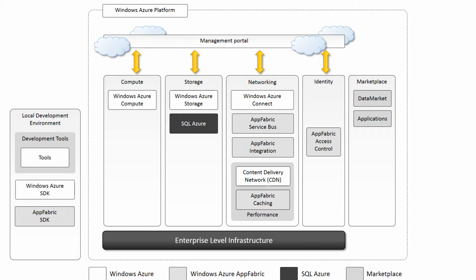Under identity, App Fabric access control service is provided by Windows Azure. In marketplace, data market and applications are provided in Windows Azure platform. So that's the view graph of the services which are provided under Windows Azure.